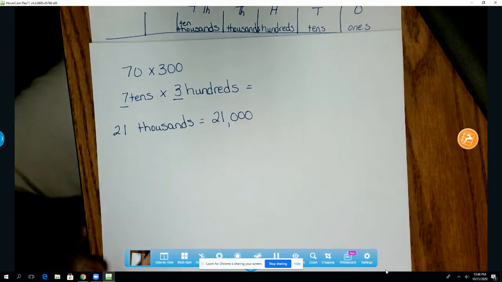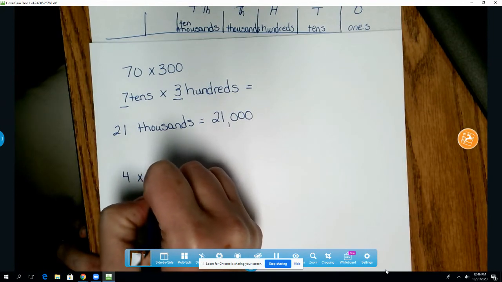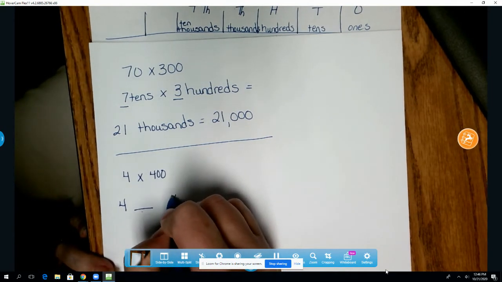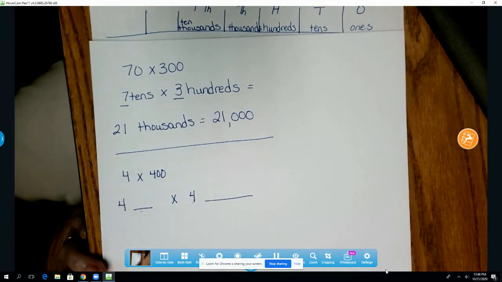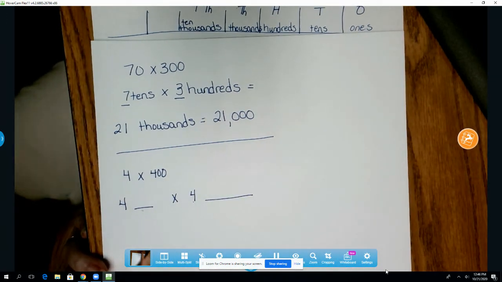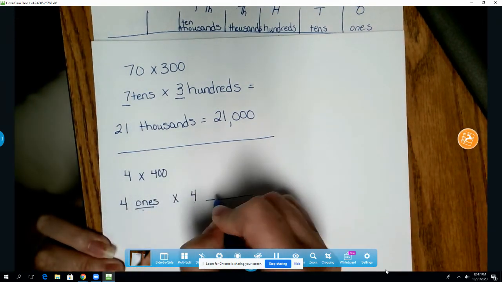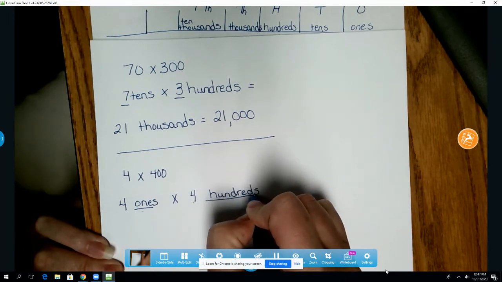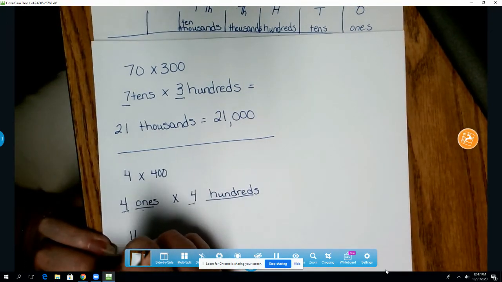So now let's do another one together. Let's do 4 times 400. So that would be how many here times 4 of what place? Pause here when you have it written. Click start. Okay, so we're looking at 4 ones times 4 hundreds. 4 times 4 is 16.